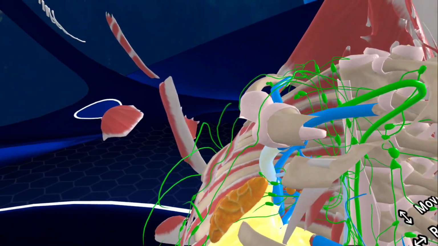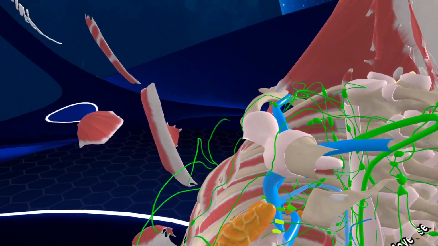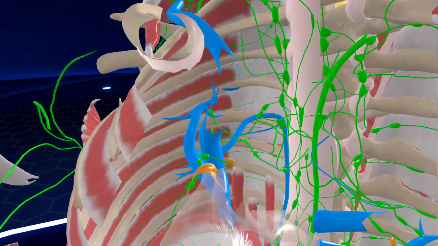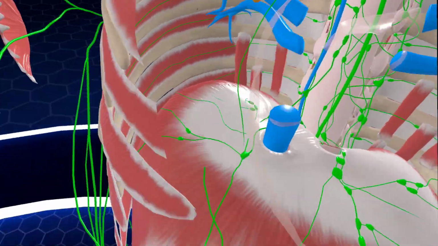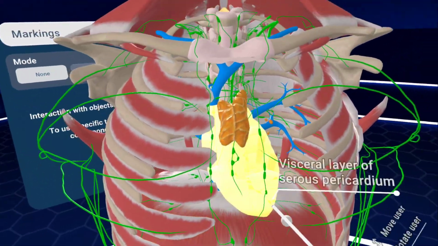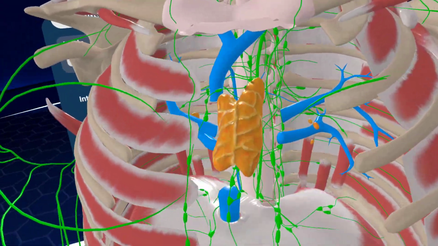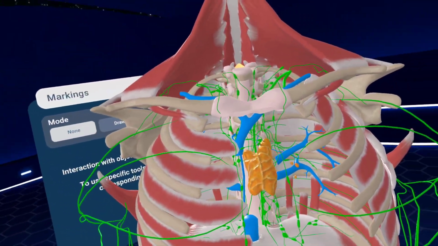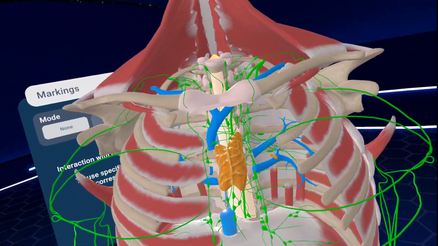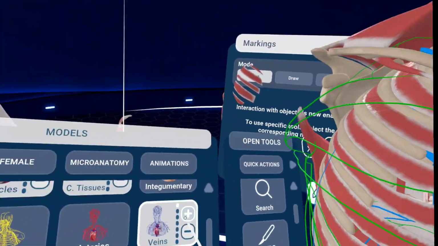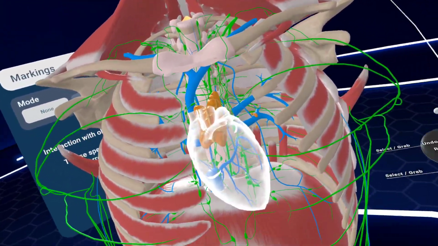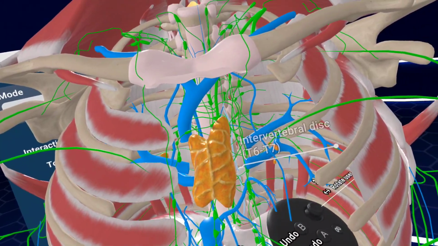The azygous vein is penetrating the superior vena cava, or joining the superior vena cava, in more medical terms. So this is a visceral layer of the pericardium. The azygous has a hemiazygous vein on the other side, which is the left side. You can see it on a more detailed sample, which is here.